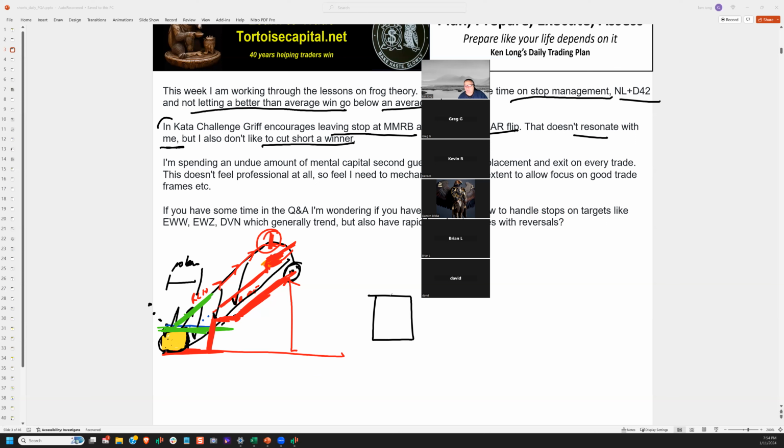So you get long here, price came down and then it reversed, and now you get your entry. There are some things, the weak ones, that can do this and then slowly get traction and go. And the idea of the PSAR flip is that that box gives you enough of a buffer so you can tolerate some noise.